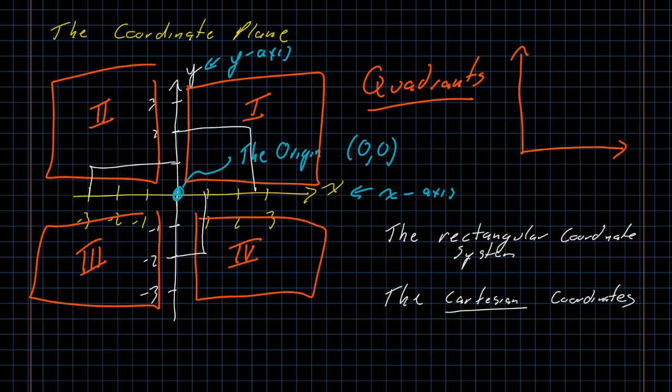The Cartesian coordinates are another name for the same thing. They take their name from the French philosopher René Descartes, of "I think, therefore I am" fame.